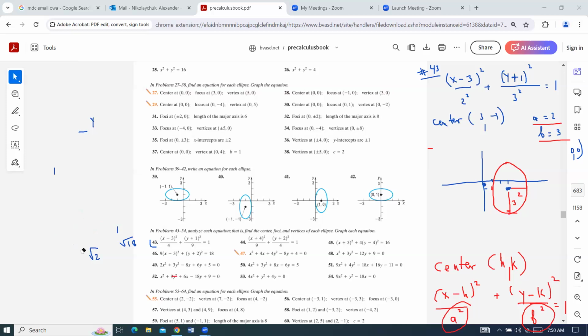It's not always that nice, though. It's not always in the form that we have here. So let's say exercise like number 46. We should produce number 1 on the right side. So this has 9 times x minus 3 in the parentheses squared, and also y plus 2.